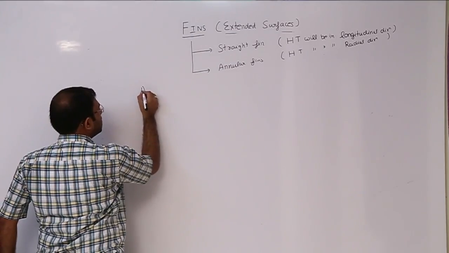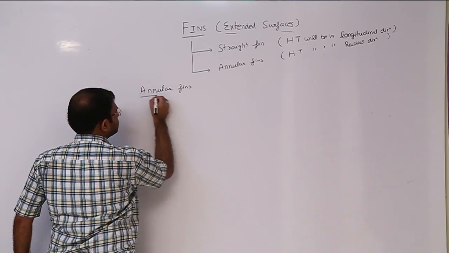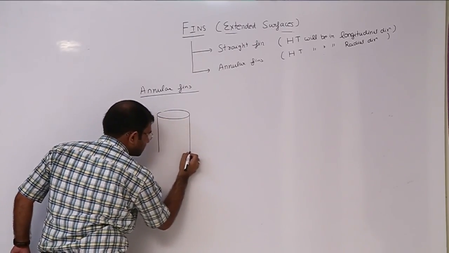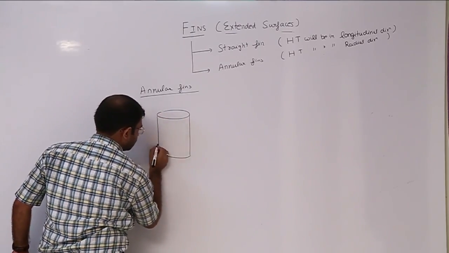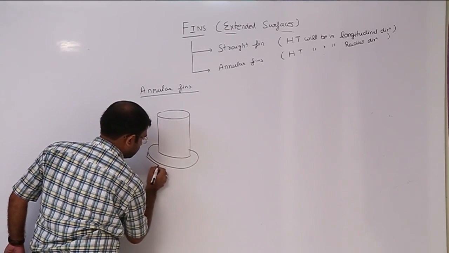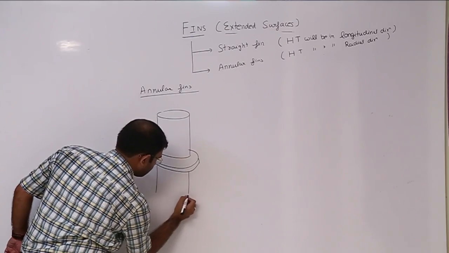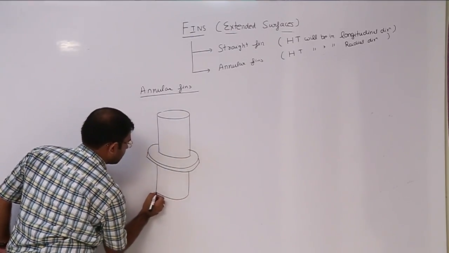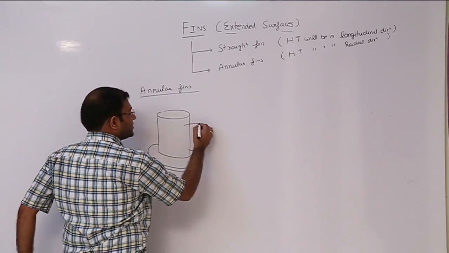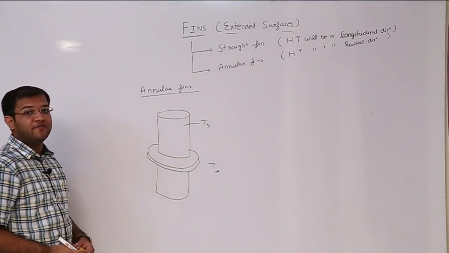Now annular fins. Let this be a body, cylindrical body, and the surface temperature be Ts, the surrounding temperature be T infinity.